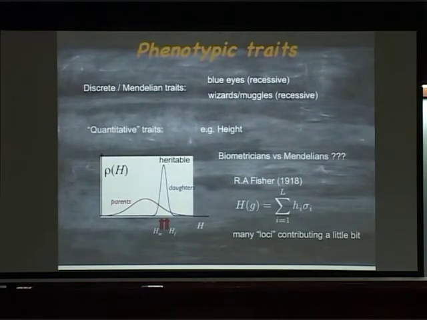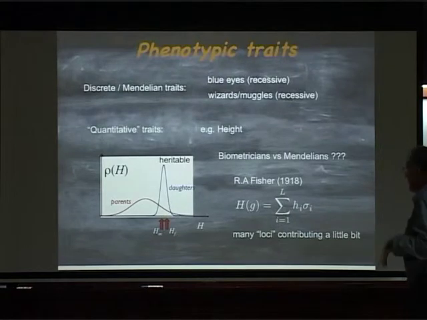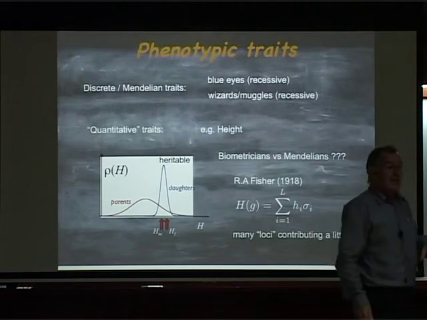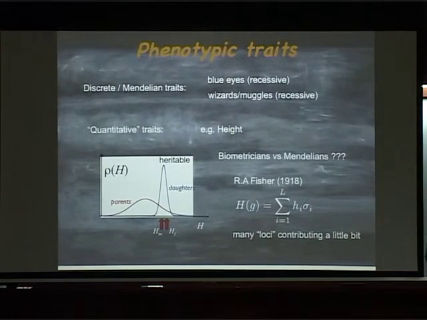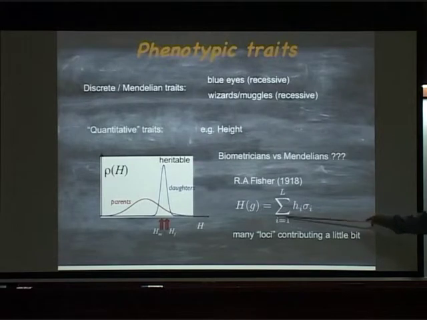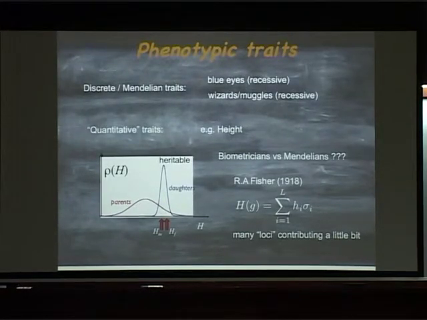And R.A. Fisher came along and reconciled them with a very simple notion. He basically said that the difference between a quantitative trait and a discrete trait is that the quantitative trait is a linear superposition of lots of discrete traits. And each of these polymorphic loci, from 1 to L, can be contributing positively or negatively to the height.